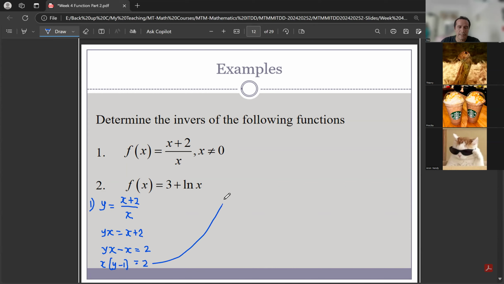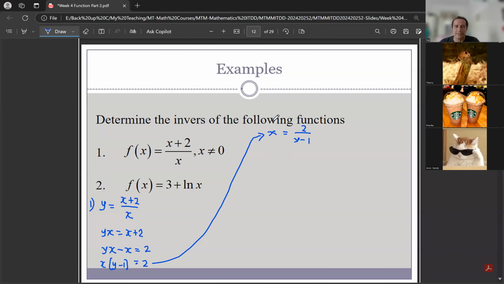And then we solve x in terms of y by dividing both sides by y minus 1. So we have x is equal to 2 over y minus 1.